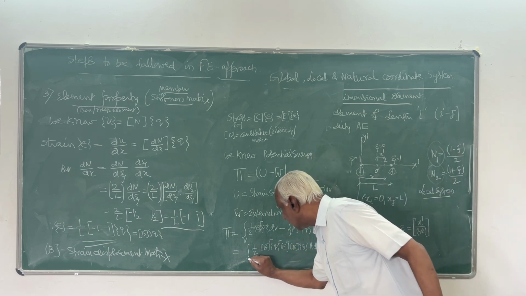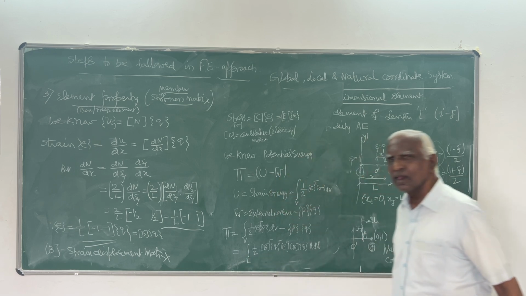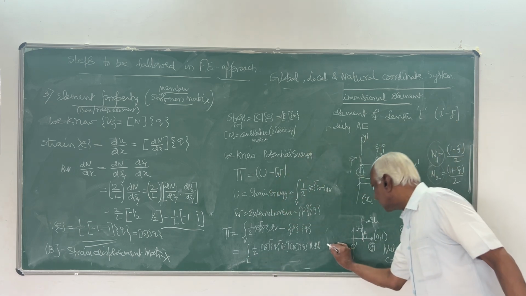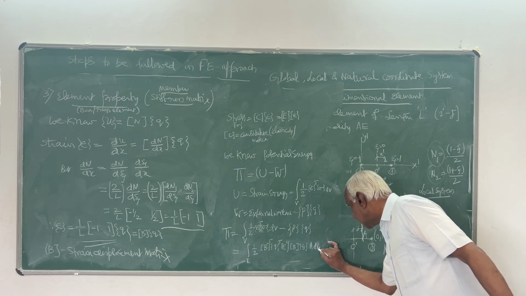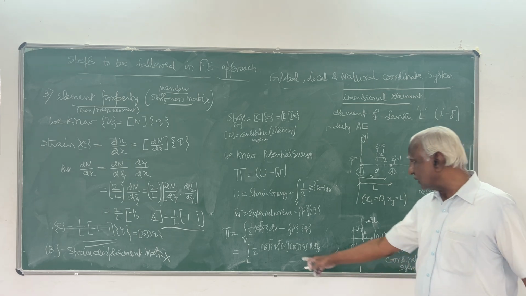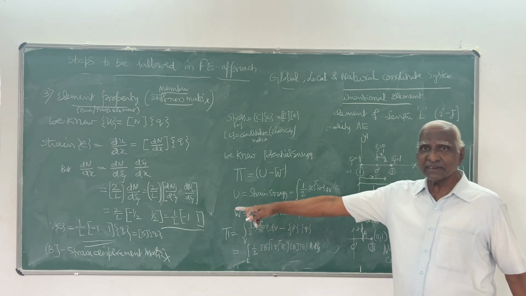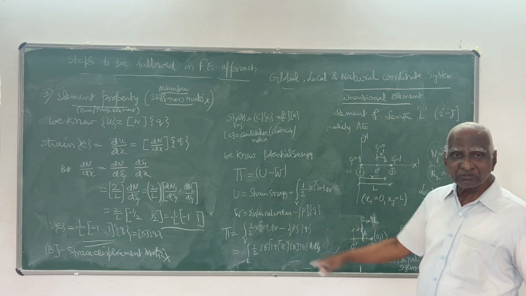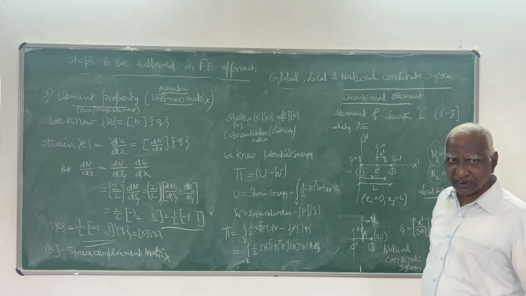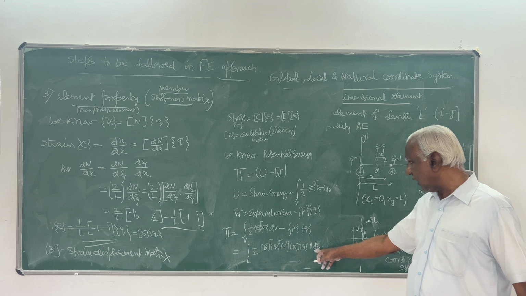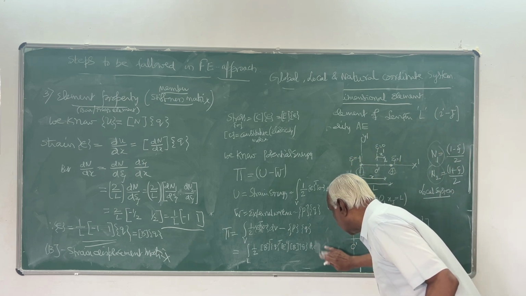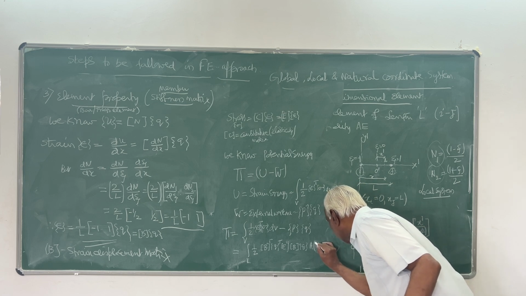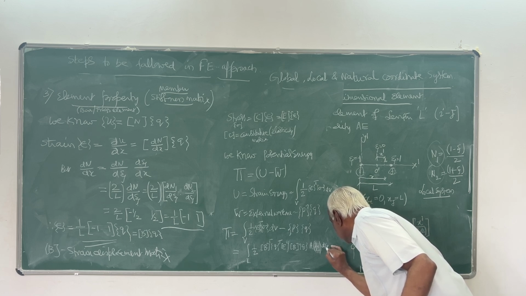Instead of the volume integral, I can now change it into a line integral. Because this is in terms of psi, which we have defined, in the natural coordinate system I have to say dl is 2 by L into d psi.